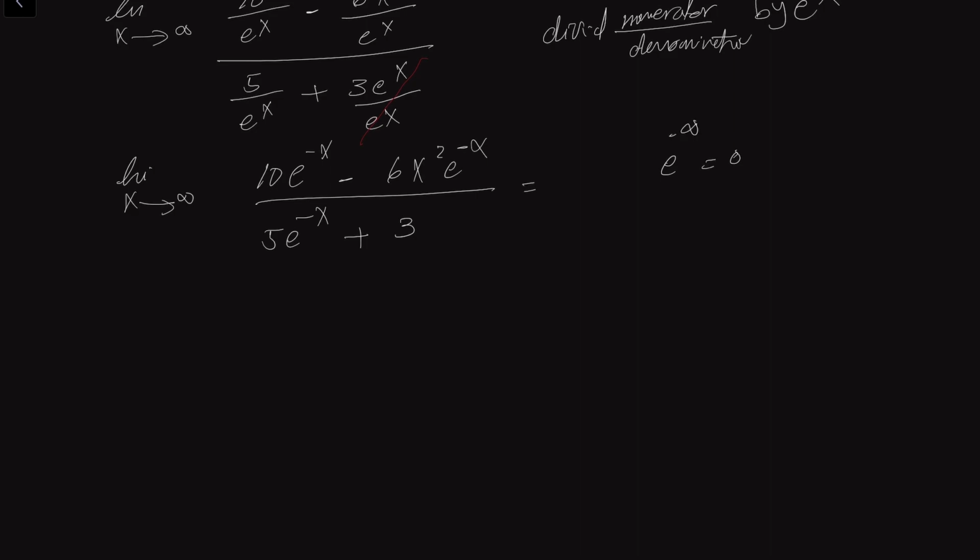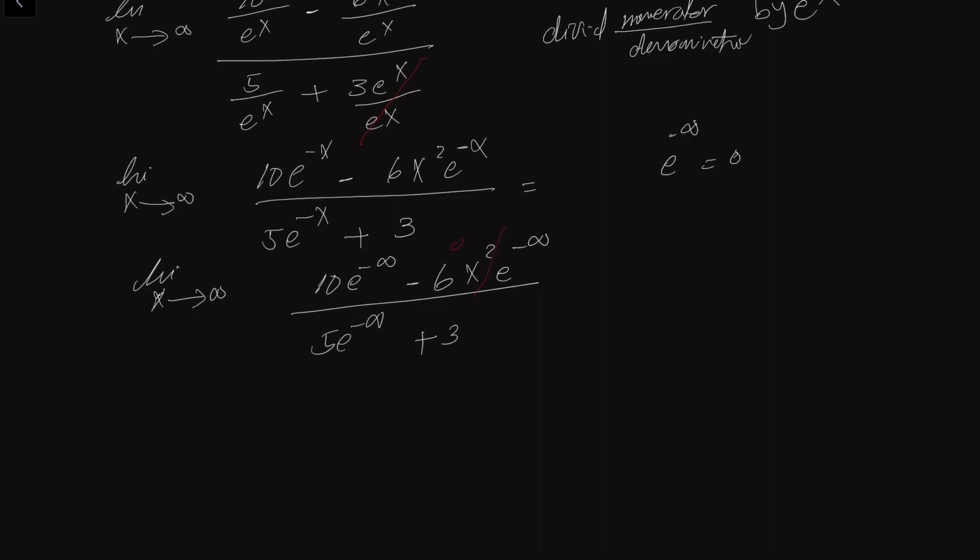Then let's substitute x equal to infinity. The limit as x approaches infinity of 10e^(-infinity) minus 6x^2 e^(-infinity) over 5e^(-infinity) plus 3.